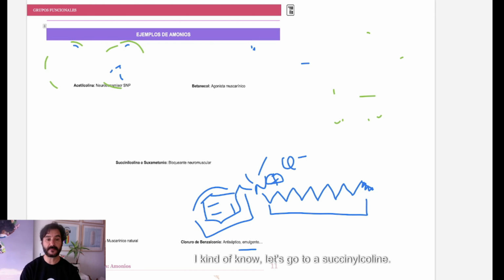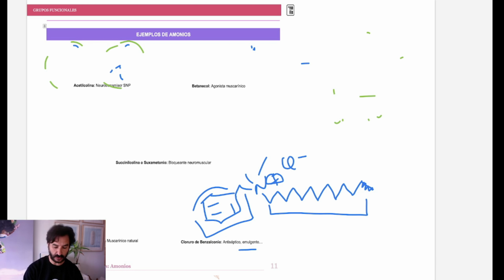Let's go to succinylcholine. As I was saying, the entire cholinergic system has many ammoniums. We can talk about atropine, scopolamine, pancuronium, etc. Succinylcholine is a neuromuscular blocker, used for example in anesthesia, a depolarizing neuromuscular blocker. What structure would it have? These drugs are characterized by having two ammoniums at a certain distance.